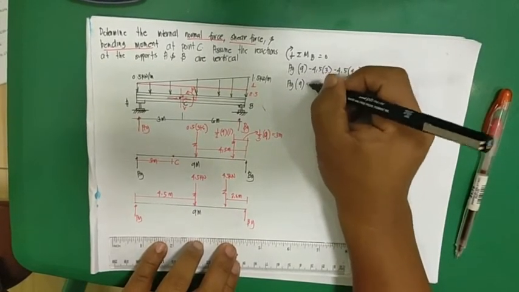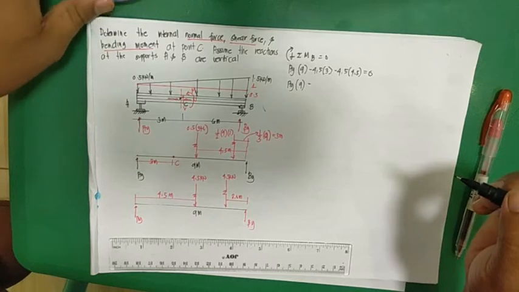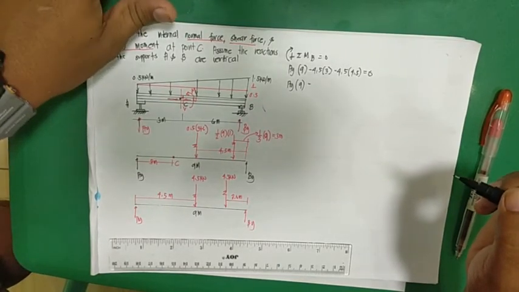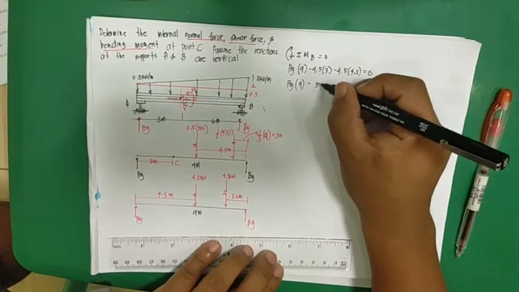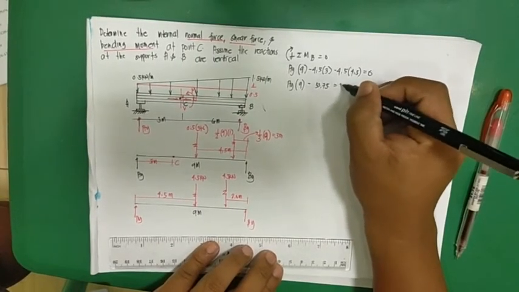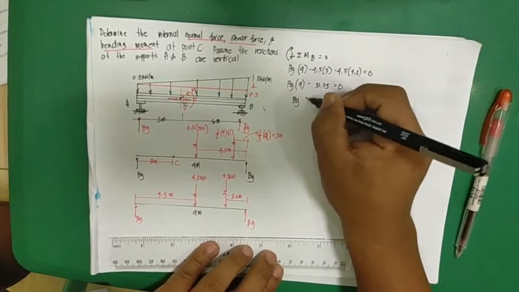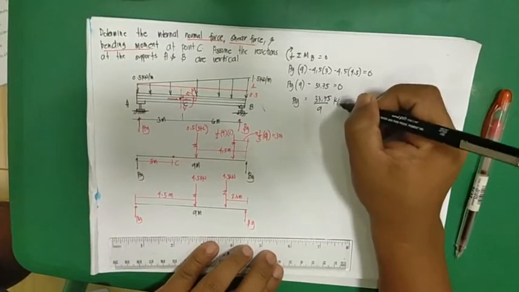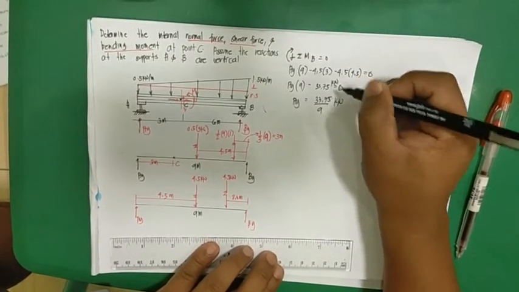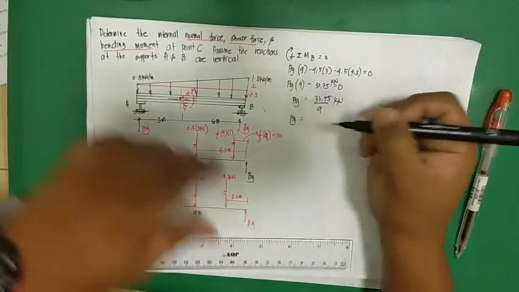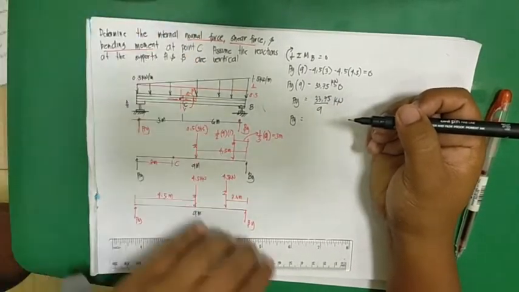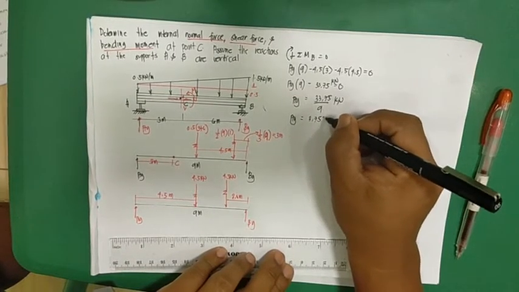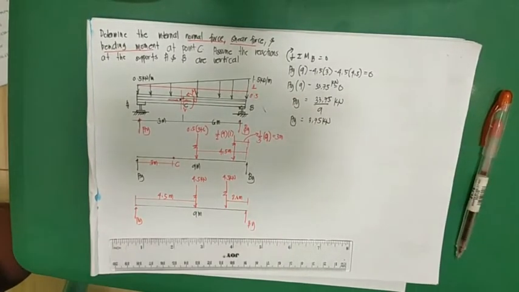AY times 9 minus 33.75 is equal to 0. AY is 33.75 over 9 kilonewton. This is kilonewton, sorry. So AY is 3.75 kilonewton. This is for AY only.